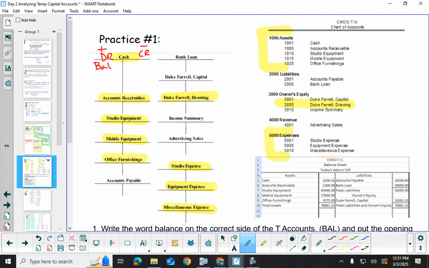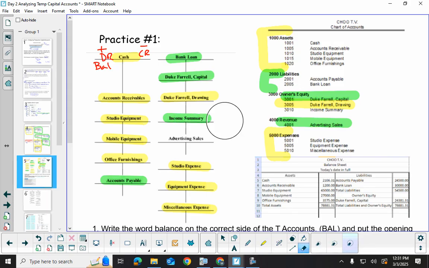Okay. My liabilities, capital, and revenue all follow the same formula. So accounts payable, capital, and revenue all follow this: this is plus, this is minus, and the balance goes on that side. Okay?